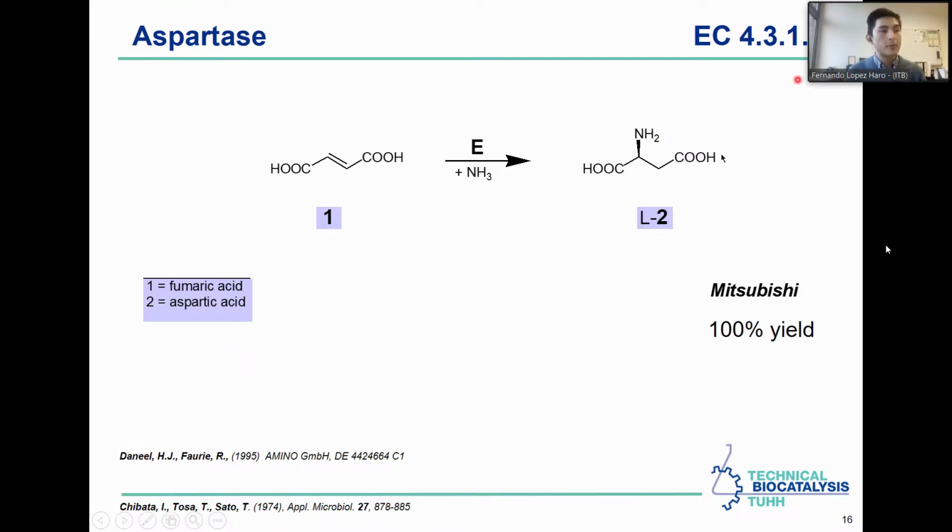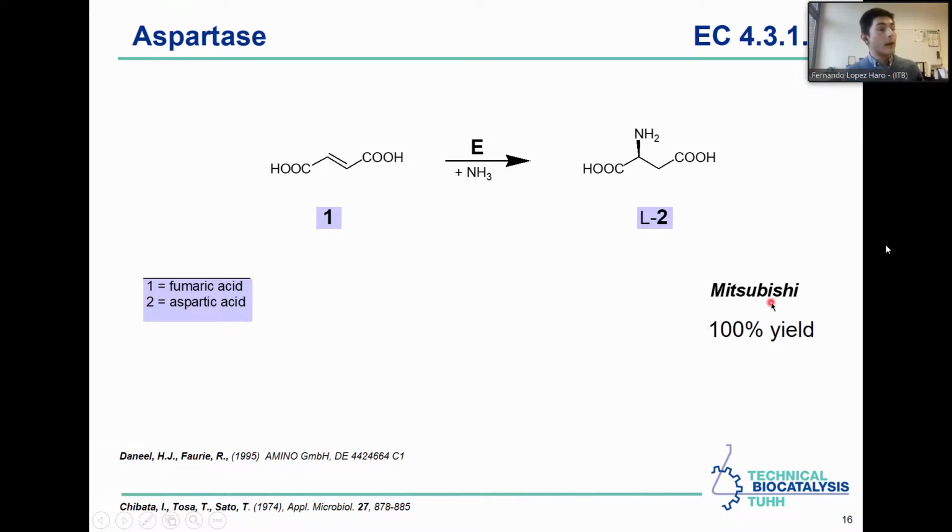And this product, which we call aspartic acid, is an amino acid, very used in industry. Of course, it would be ideal to have 100% yield, and that is what this process allows us to have.